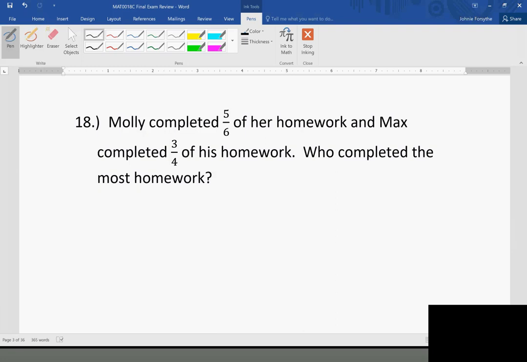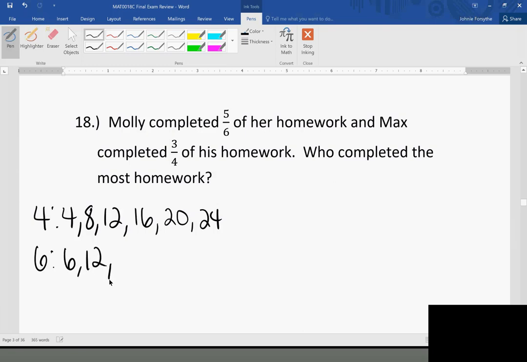Let's think of multiples. Multiples of 4: 4, 8, 12, 16, 20, 24, and multiples of 6 would be 6, 12, 18, 24. So the least common one is actually 12.